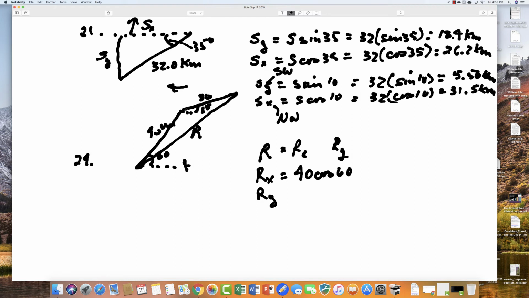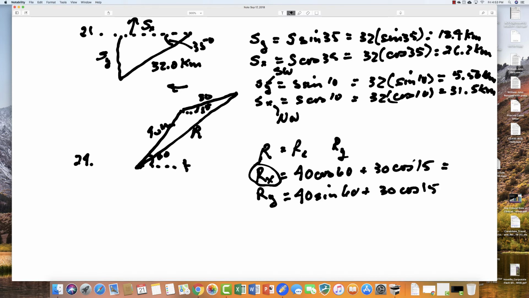And then the second part is this, so that's going to be 30 kilometers cosine 15 degrees. And if we put both of those together, that's going to give us Rx. Ry is going to be 40 kilometers sine 60 plus 30 kilometers cosine 15, or excuse me, sine.